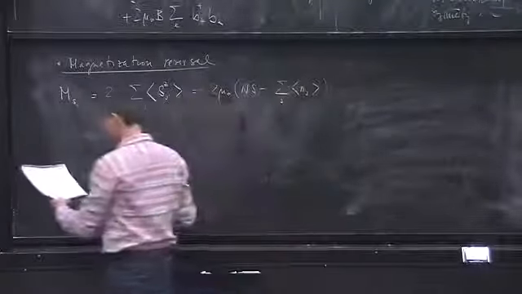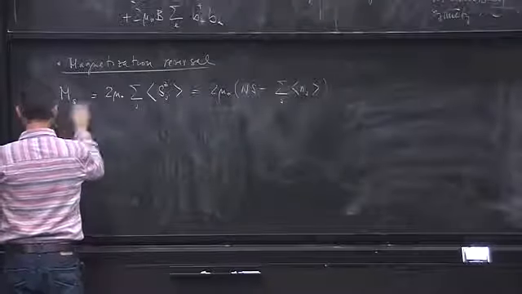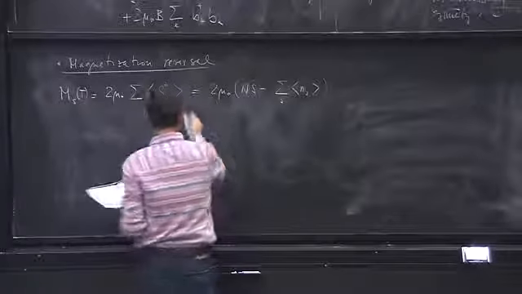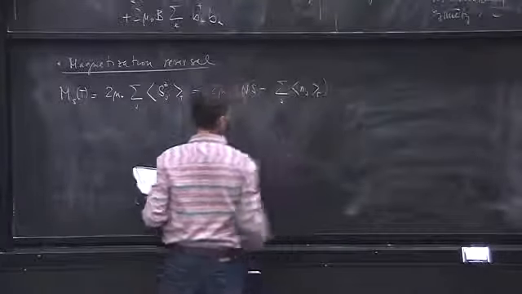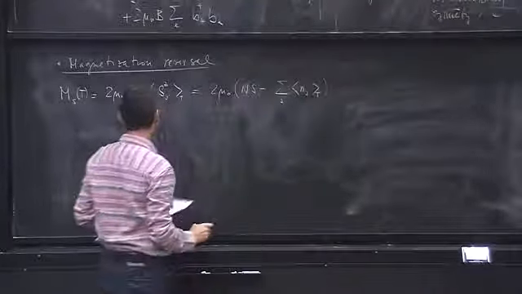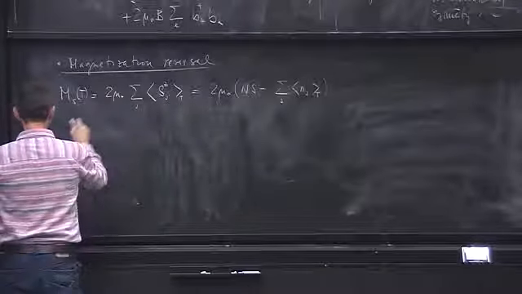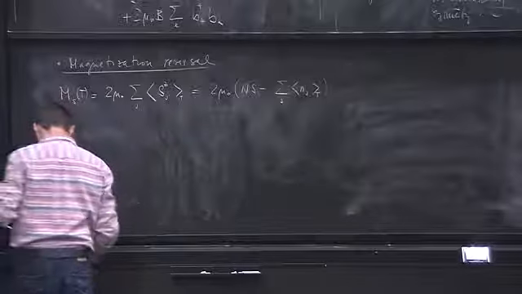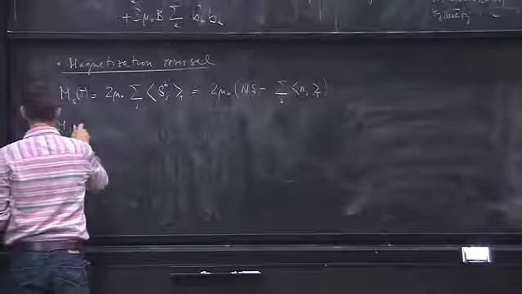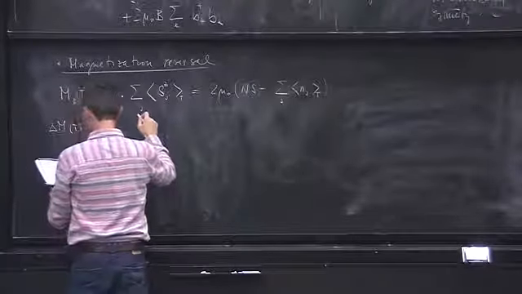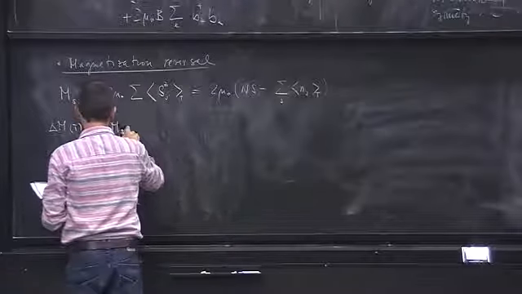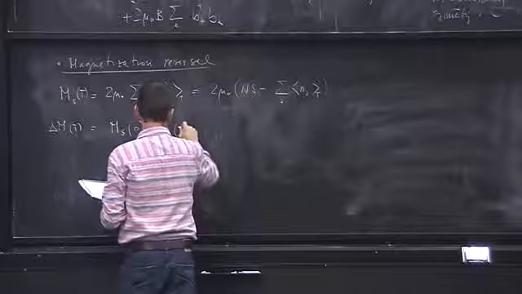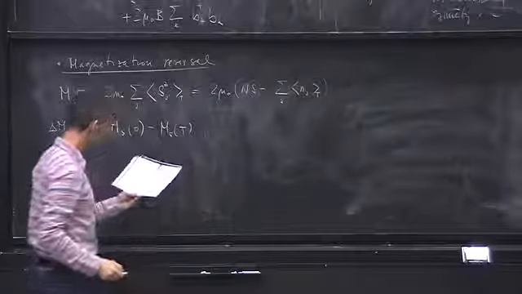I define this as the magnetization at temperature T. I'm evaluating this expectation value at some temperature T. And the quantity that people look at is the so-called magnetization reversal, which is just defined as the difference between magnetization at 0 minus magnetization at a given temperature.